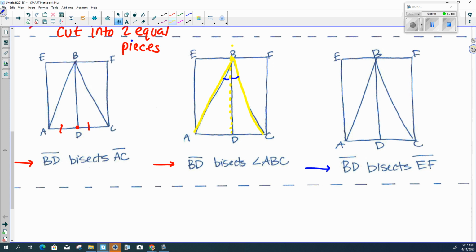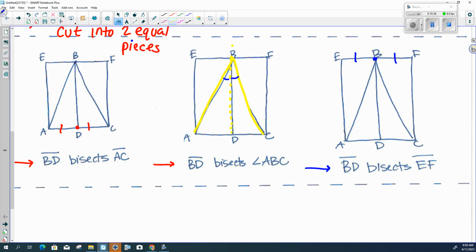Okay, compare with your buddy. Where did you put those markings? Okay, BD bisects, so bisecting it right here, I've got two equal pieces.